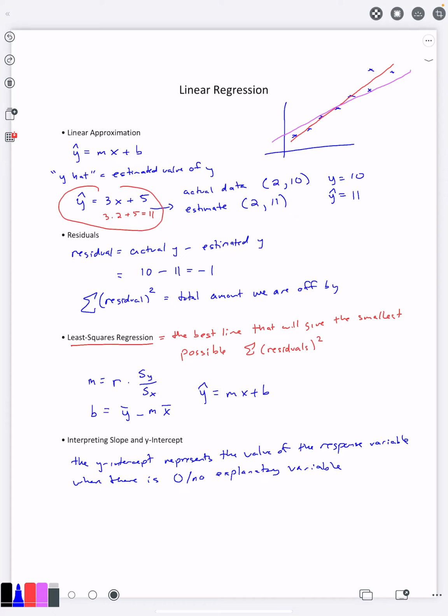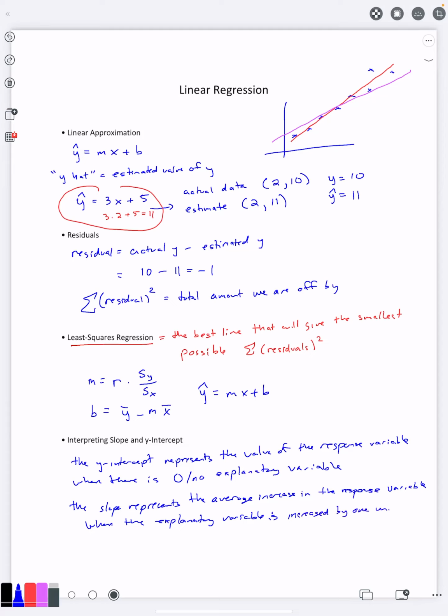The slope represents the average increase in the response variable when the explanatory variable is increased by 1 unit.